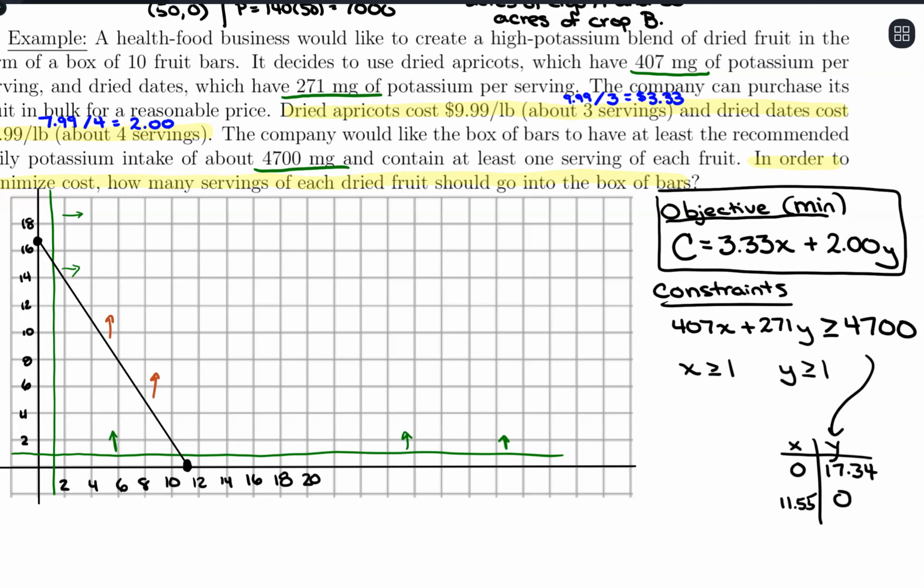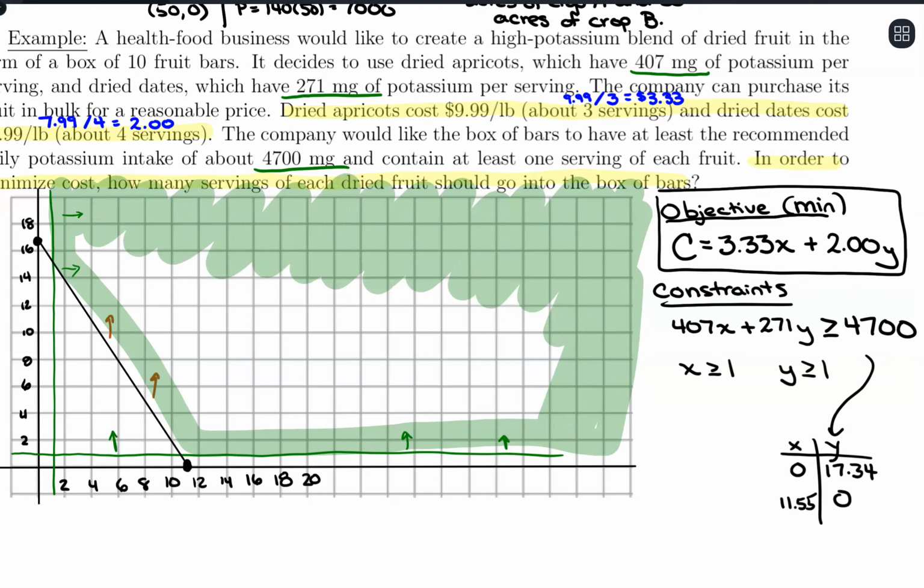So what we have here is we're going to the right of x equals 1, we're going above this line that we just graphed, and we're going above y equals 1. So our region is actually above those three lines going off to infinity, like I was mentioning in that previous example as a possibility.